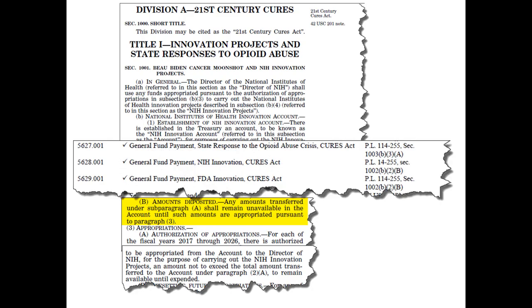Similarly, the 21st Century Cures Act in 2016 established innovation accounts, or special funds. The NIH language is shown here, but stipulated that these funds shall remain unavailable until such amounts are appropriated, thus requiring subsequent action by Congress to spend the money. Here are the receipt accounts established based on this legislation.